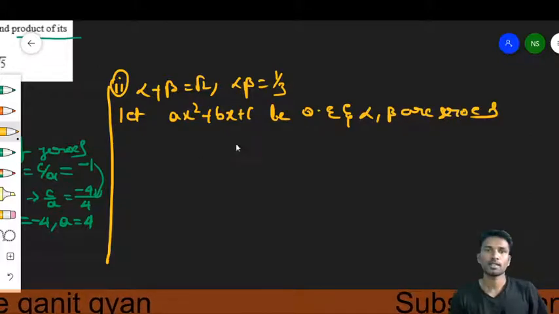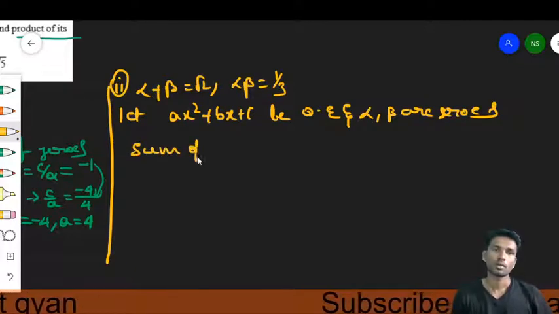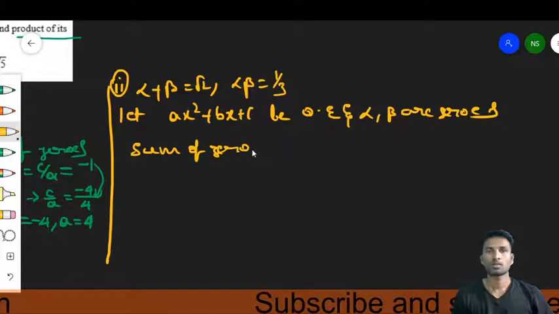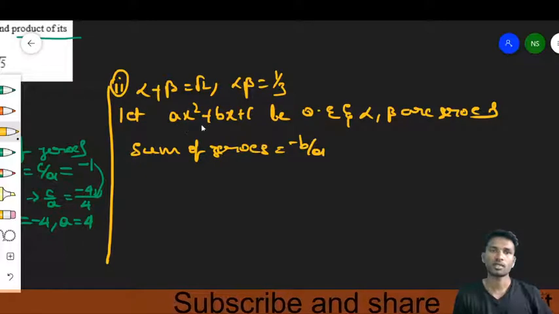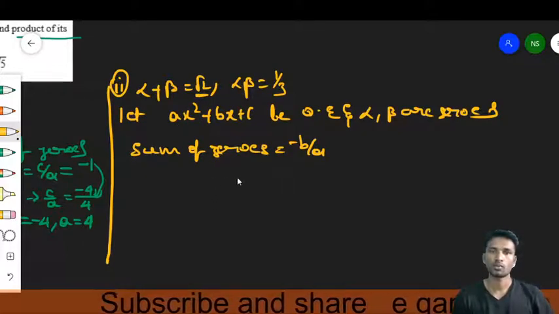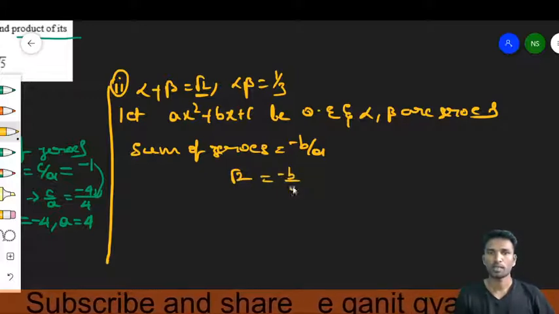So what I can write here, sum of zeros is minus b by a. Sum of zeros is nothing but what they gave in the question, √2. So √2 is equal to minus b by a.